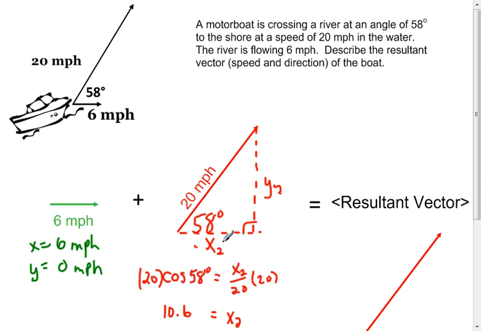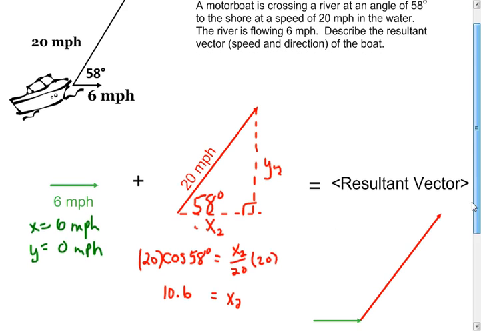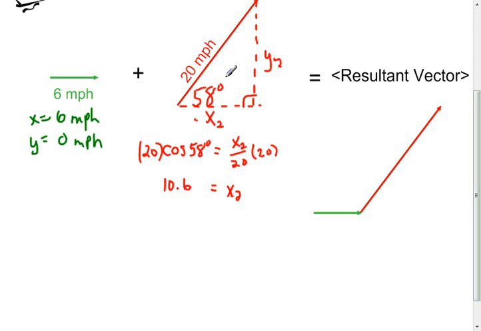Okay, so we have our x component of this one. That's going to be how far over it moves every hour. And then we'll figure out the y component. Let's give ourselves a little bit more room here. So to figure out the y component, we're going to be using opposite and hypotenuse. We'll be using sine. So sine 58 equals y2 over 20.